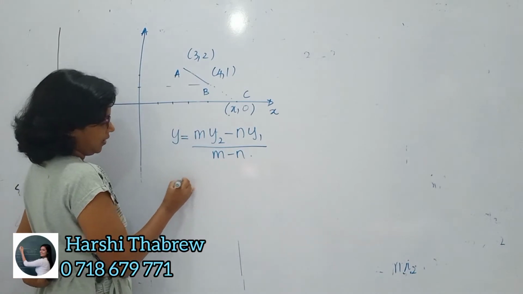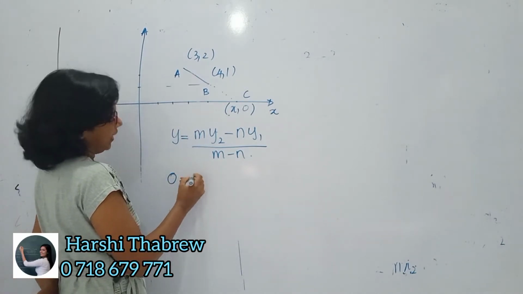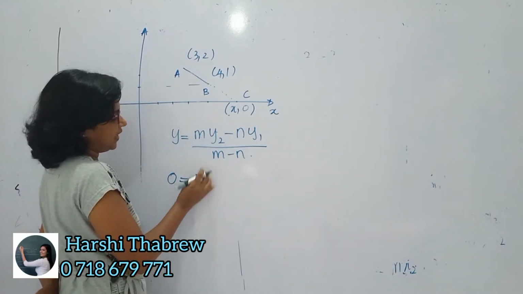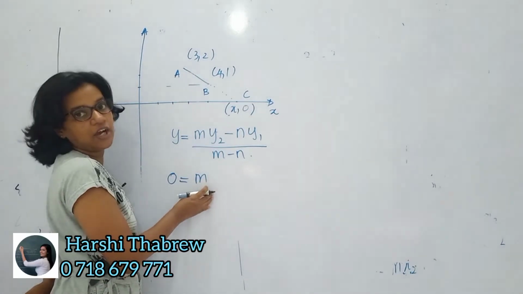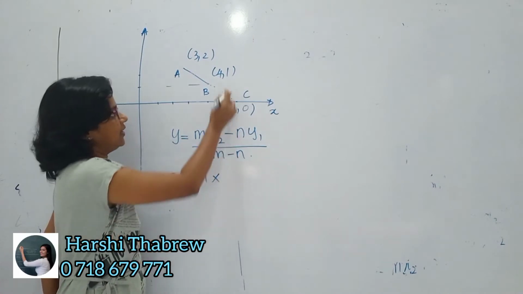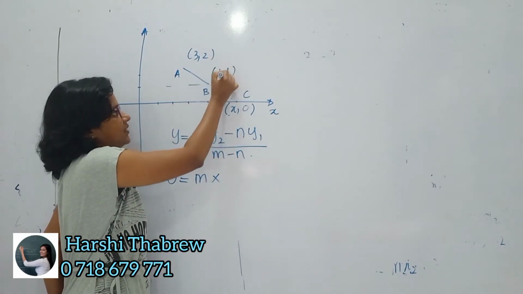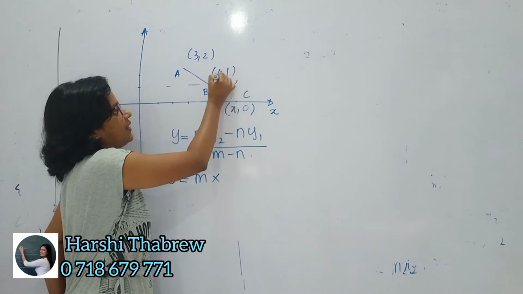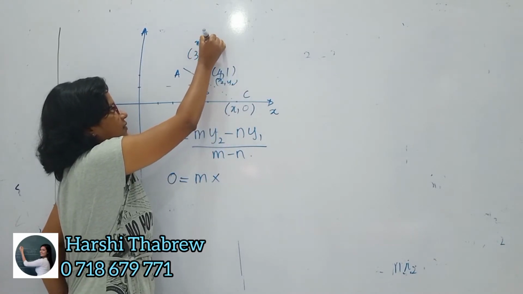Then y equals 0, m we don't know, we should find that ratio m to n. Therefore, m into y2, we take, let's take this one as x2 y2 and this one as x1 y1.